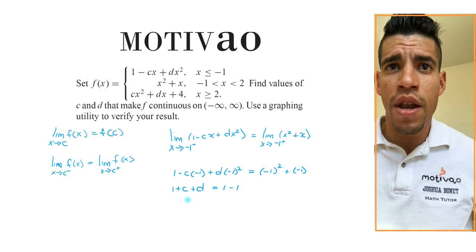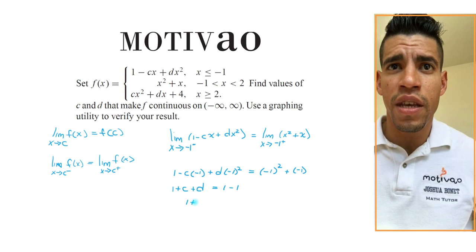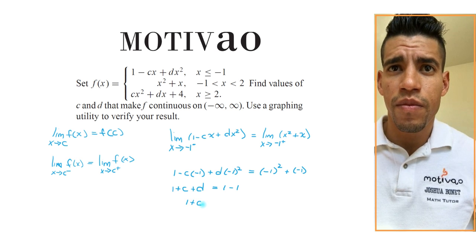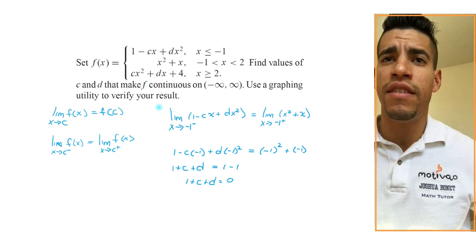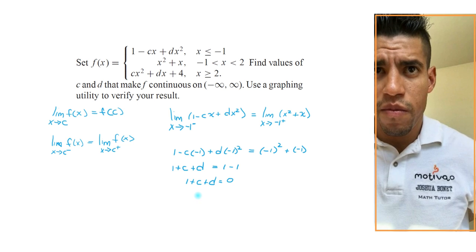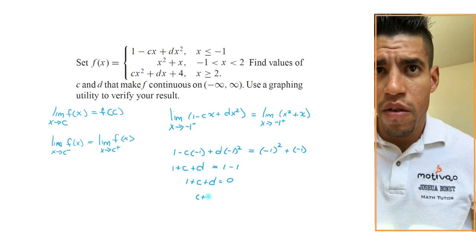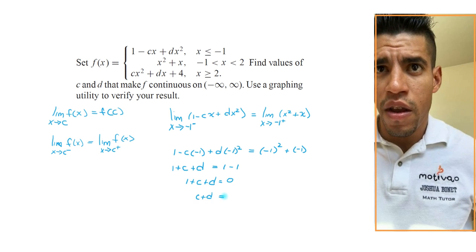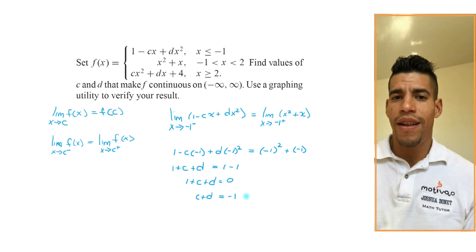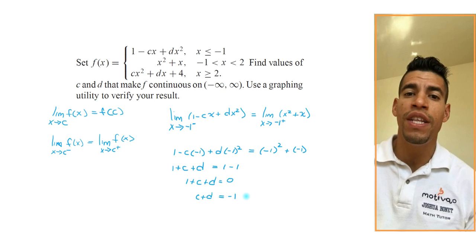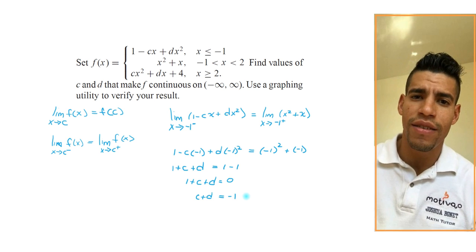So 1 plus c plus d is equal to 0. Now, that means that c plus d equals -1.